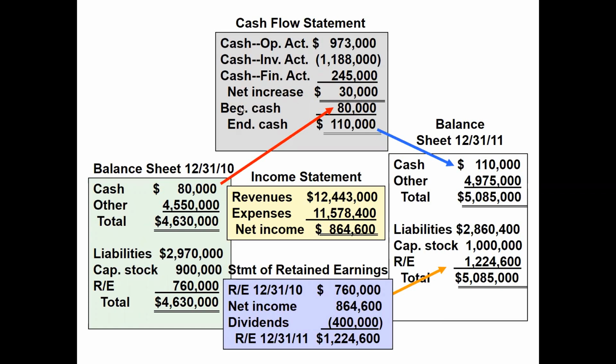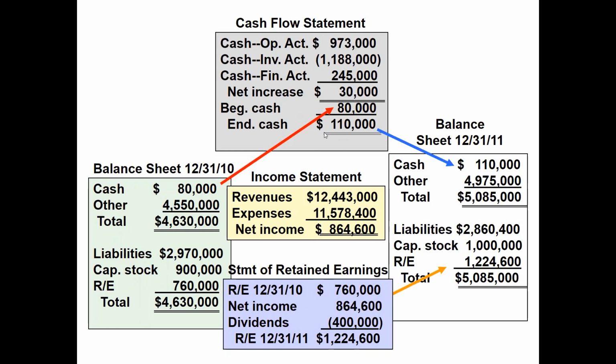And then to the 30,000, we add a beginning cash. This beginning cash was taken from the balance sheet, the 2010, the cash here, that is 80,000. So when we add the 80,000 to the 30,000, we have 110,000 as our ending cash. The beginning cash was taken from the balance sheet, the 2010, where they are showing us the arrow.